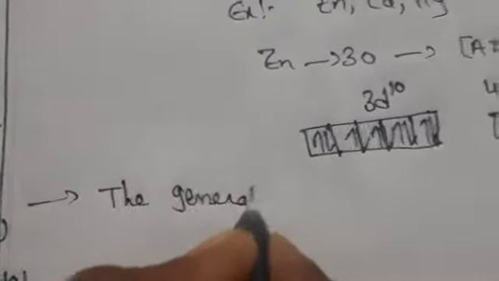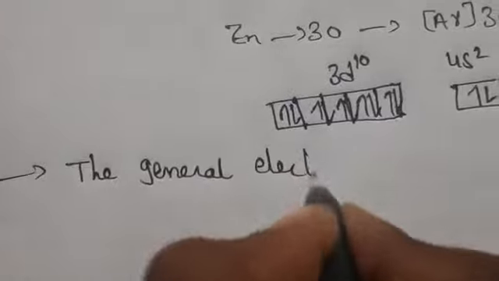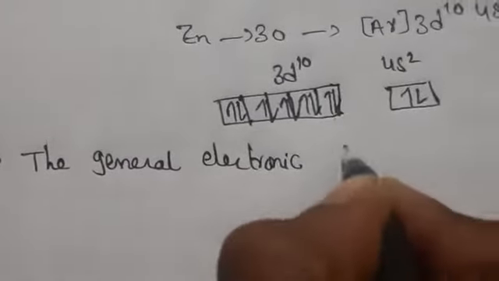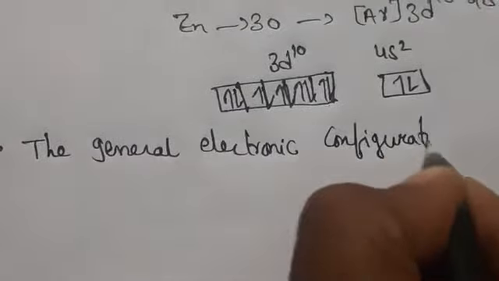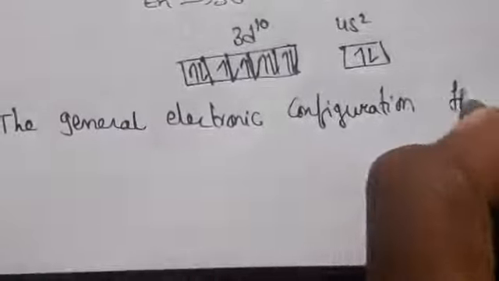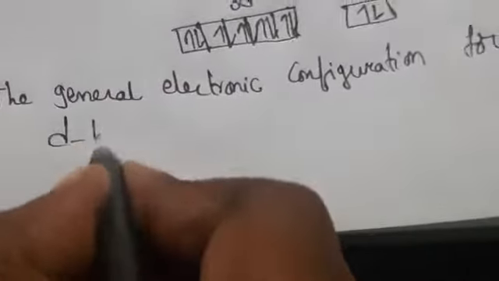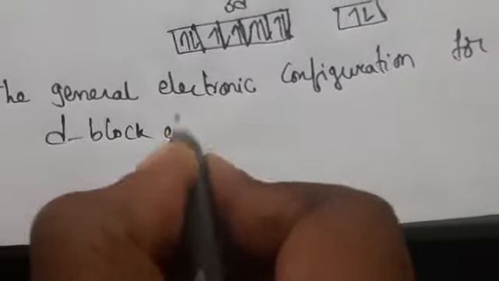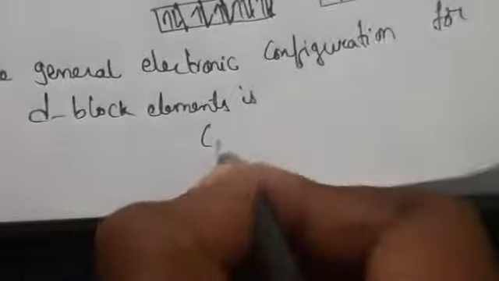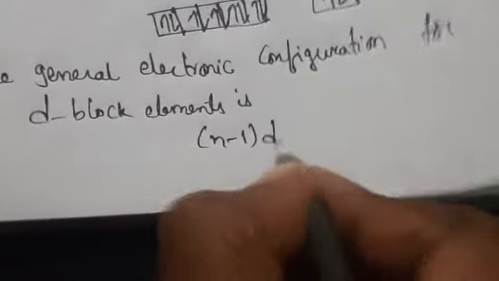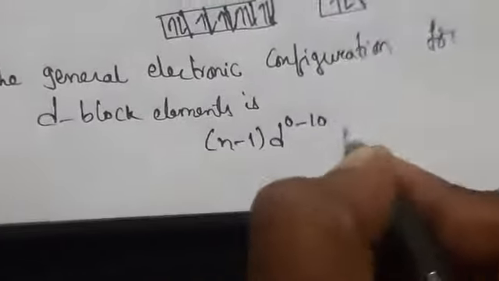So the general electronic configuration for D block elements is (n minus 1) d 0 to 10, ns 1 to 2.